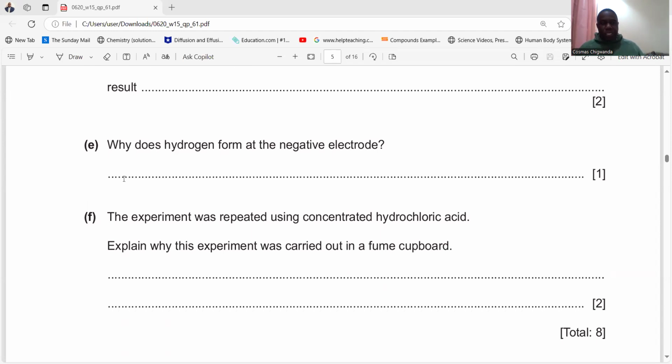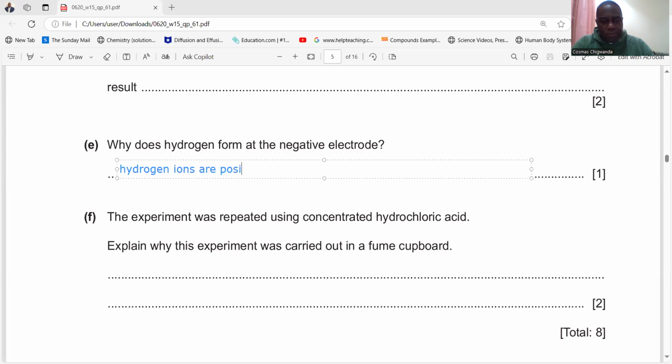So our answer here would be hydrogen ions are positively charged, and then unlike charges attract. That will be our answer there.